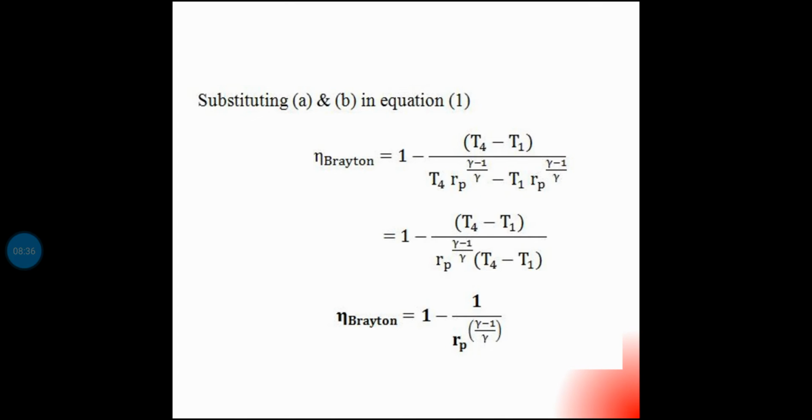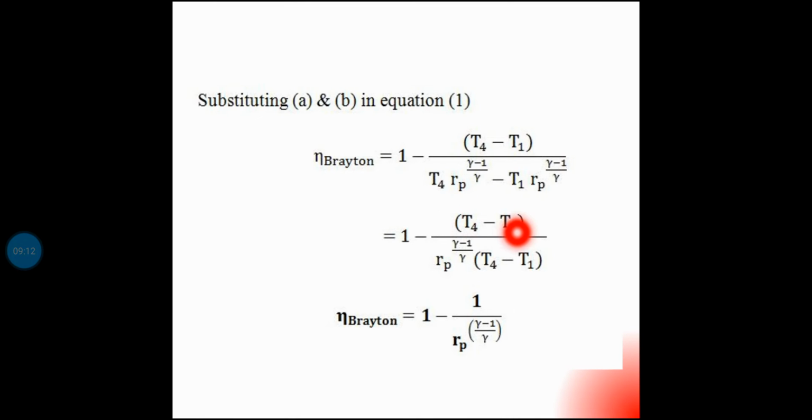Now substituting equations A and B in equation 1, we get eta Brayton is equal to 1 minus (T4 minus T1) divided by (T4 into Rp raised to gamma minus 1 by gamma minus T1 into Rp raised to gamma minus 1 by gamma). Now taking out Rp raised to gamma minus 1 by gamma, we will get eta Brayton is equal to 1 minus (T4 minus T1) divided by Rp raised to gamma minus 1 by gamma into (T4 minus T1).